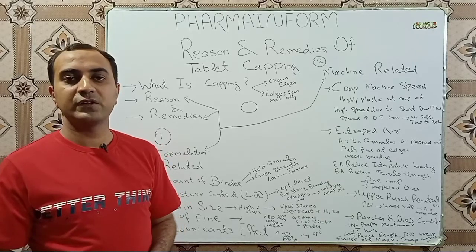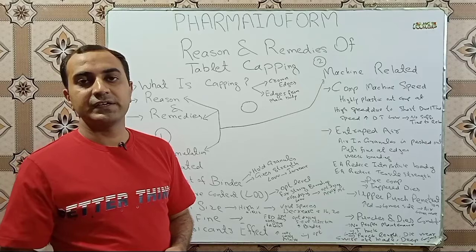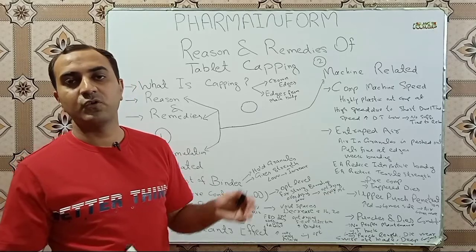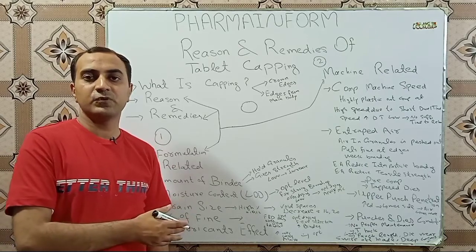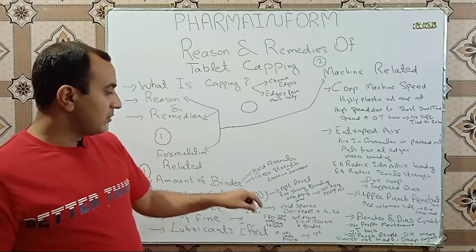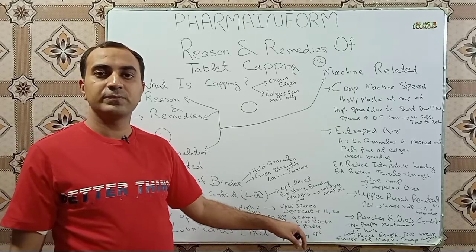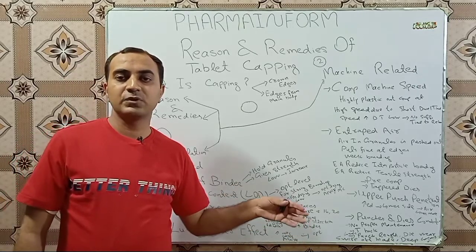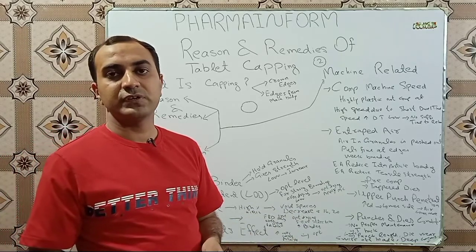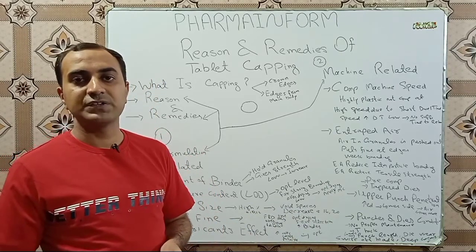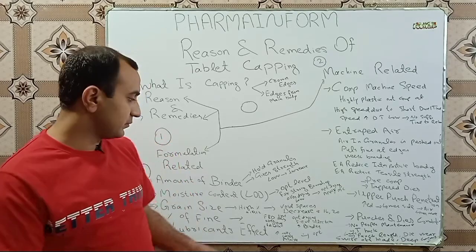How to reduce the granule size? Use a finer mesh like 16 number or 20 number or higher, depending upon the situation. Or another factor is to dry the granules in FBD, because in FBD the granules produced are not of much higher size. We can obtain average size granules.